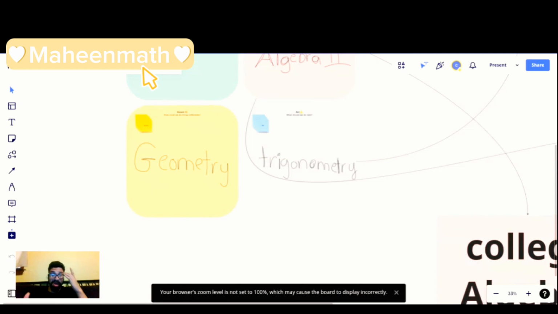Now, there are two different types of trigonometry: spherical trigonometry and plane trigonometry. Oftentimes you'll only learn about plane trigonometry in high school, and once you start getting into college courses, your knowledge of trigonometry will start to expand, and you'll start to learn more about spherical trigonometry as well.